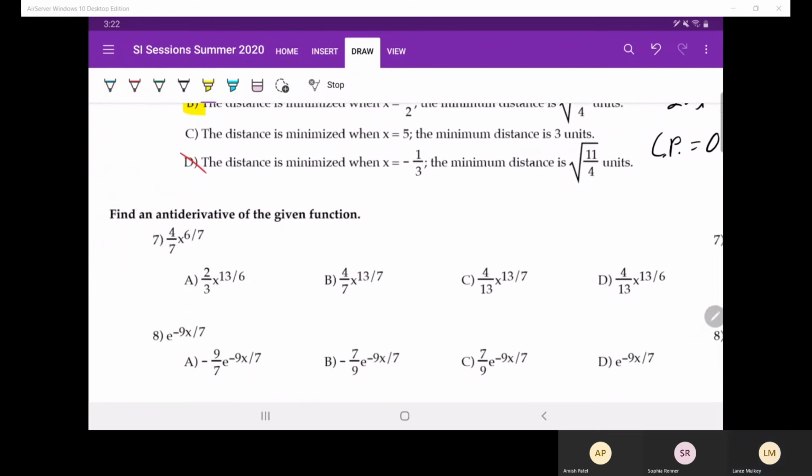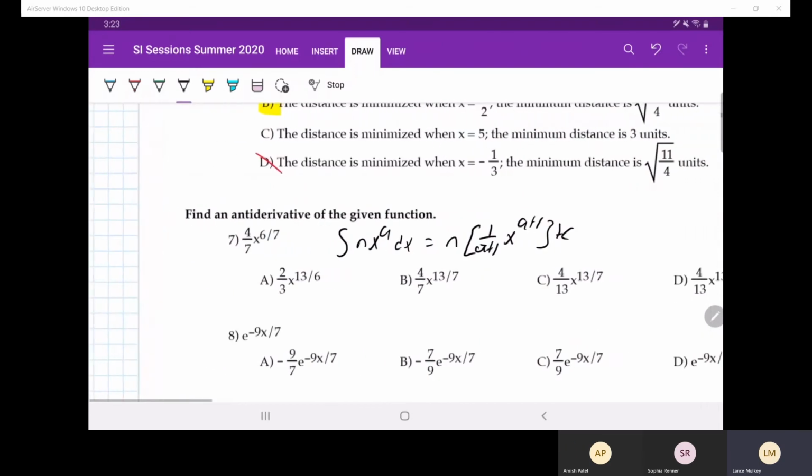So, antiderivative. Remember the integral of n times x to the a dx equals n times 1 over (a plus 1) times x to the (a plus 1) plus c.